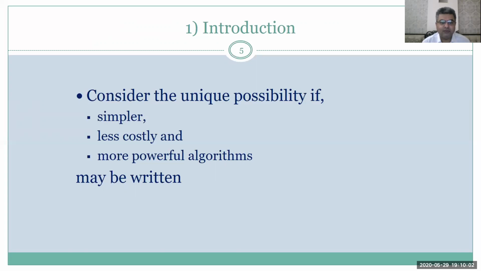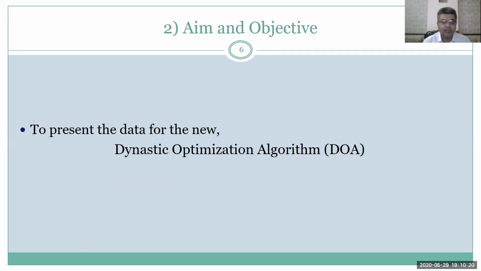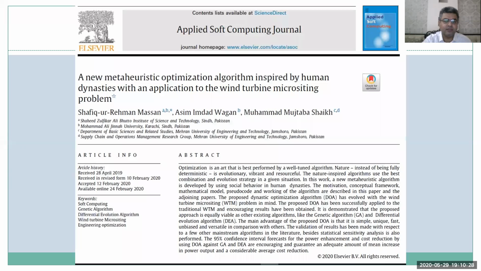Less costly, in terms of computation, means that the runtime is less for this algorithm, and more powerful means that the results are more accurate or equally as accurate as other mainstream algorithms. The aim and the objective for this paper is to present the data for the new dynastic optimization algorithm.